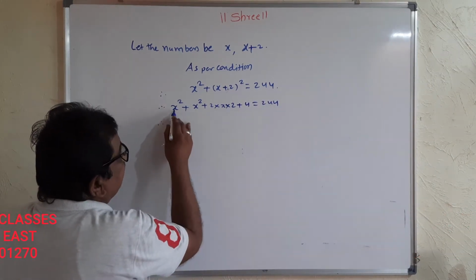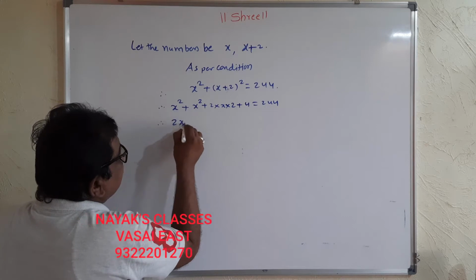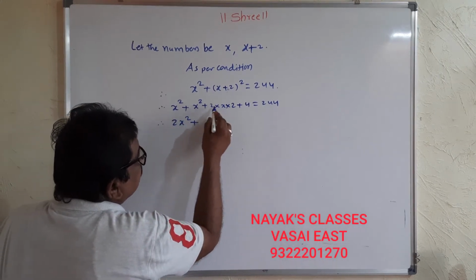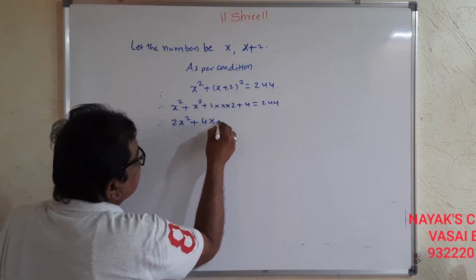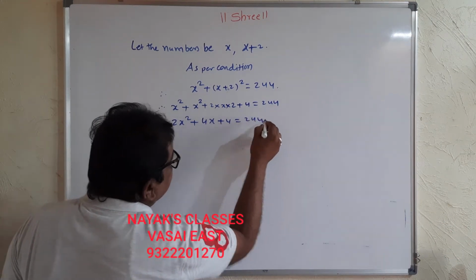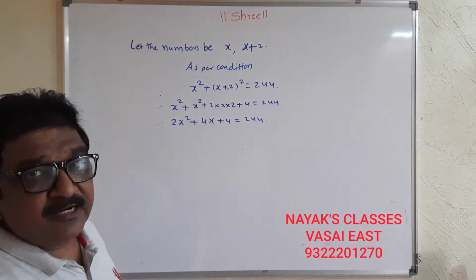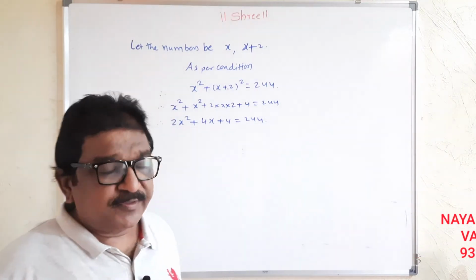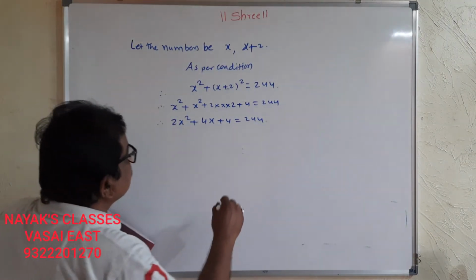Therefore, x square plus x square, 2x square plus 2 into 2, 4x plus 4 is equal to 244. The identity is a plus b the whole square.